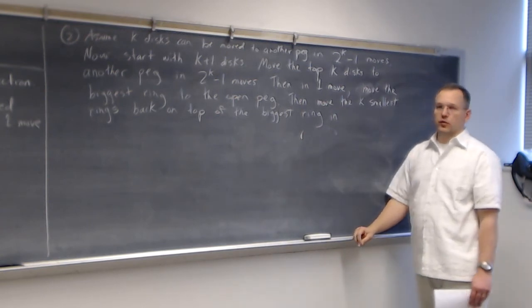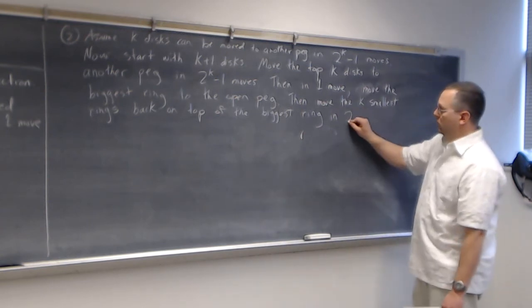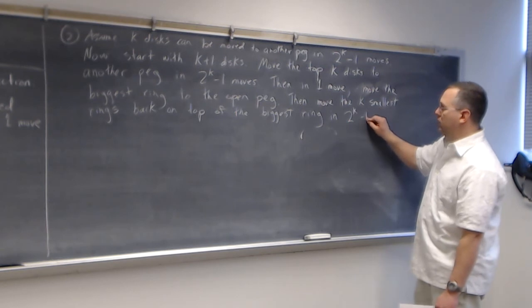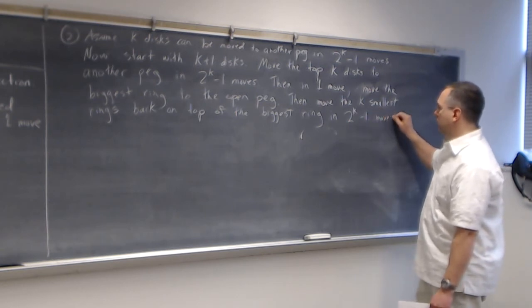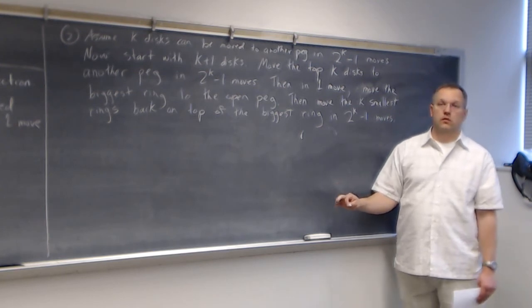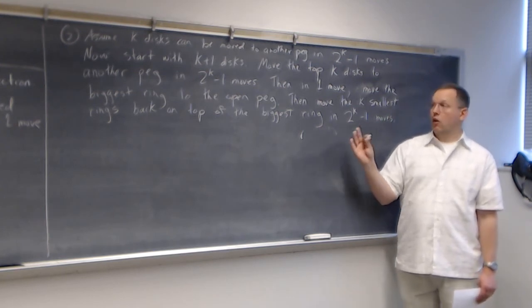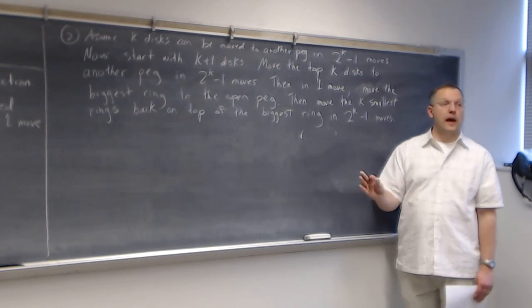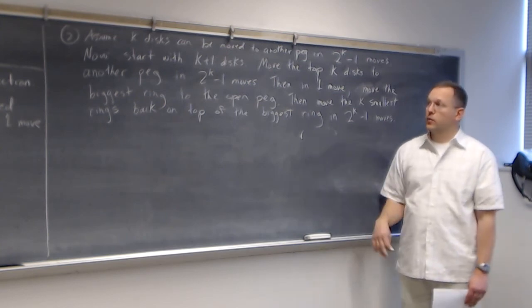In how many moves? 2 to the k minus 1 moves. And so we've solved the puzzle, right? Now all the discs are restacked onto another peg. So how many moves was that?